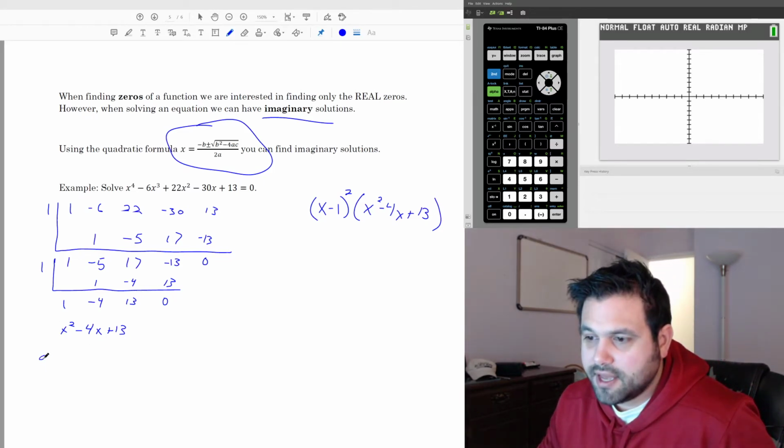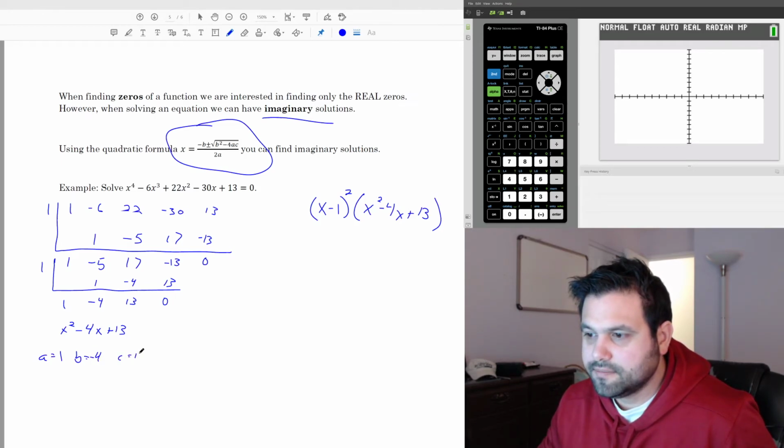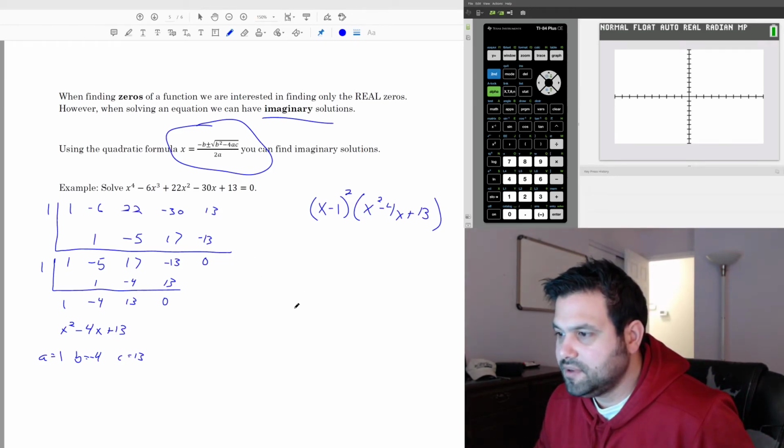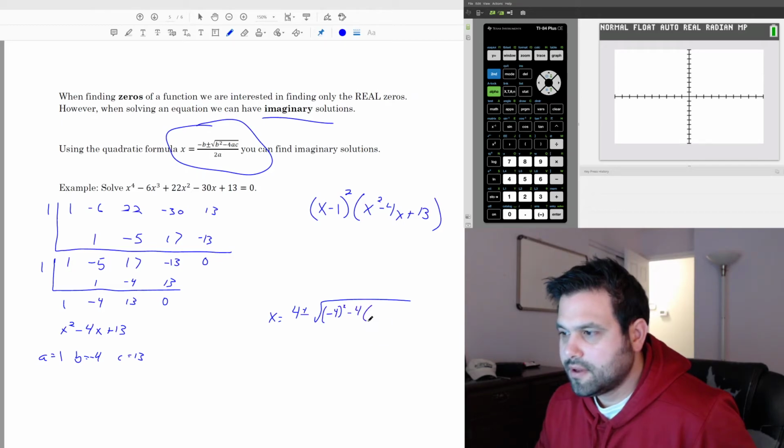So I know that my a is 1, and my b is -4, and my c is 13. And I'm going to plug that into the quadratic formula. So x equals, of course, -b plus or minus the square root of b squared minus 4ac, all divided by 2a.